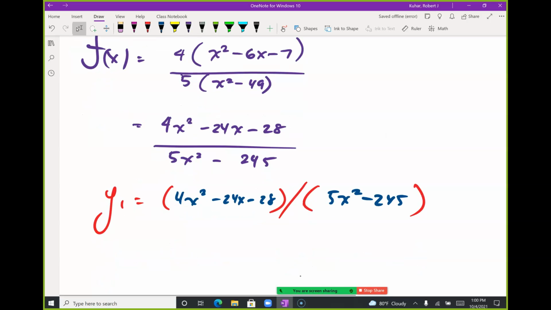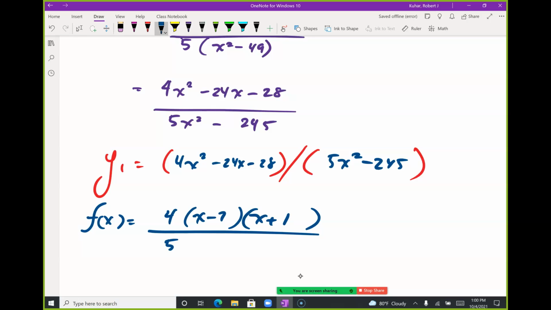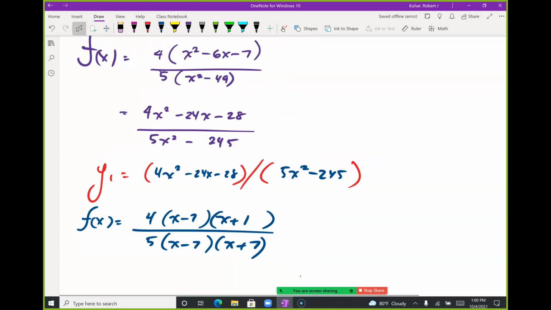I can factor that numerator pretty easily, right? What do I get? I get negative 7 and 1. Everybody with me there? And the denominator easily too. X minus 7, x plus 7. Is this okay? Let me know. Don't let me go too fast.